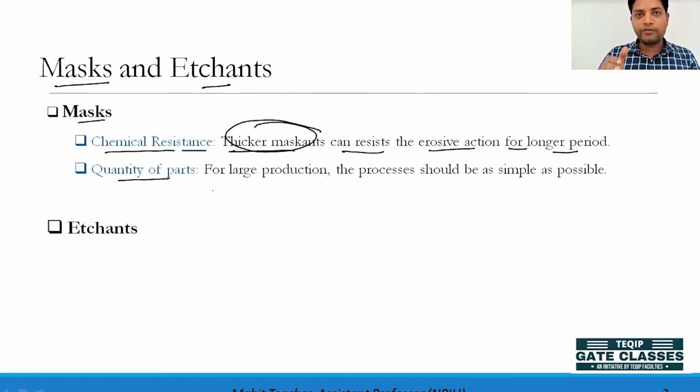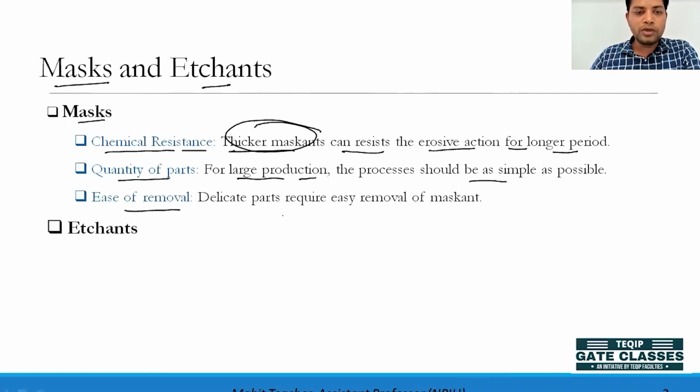If the part size, the output we require, is very small, then after the masking we can keep a number of components into that vessel or container, so that the same operation can be performed on a number of parts. So a large quantity can be produced here. That is for the simple process.